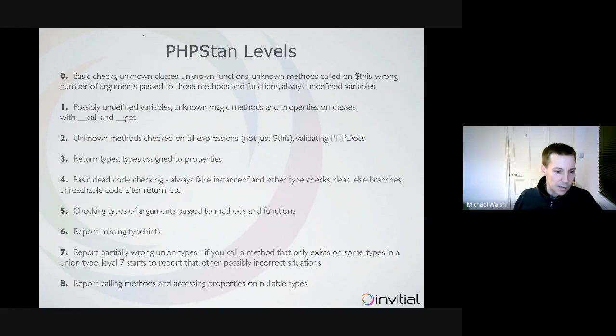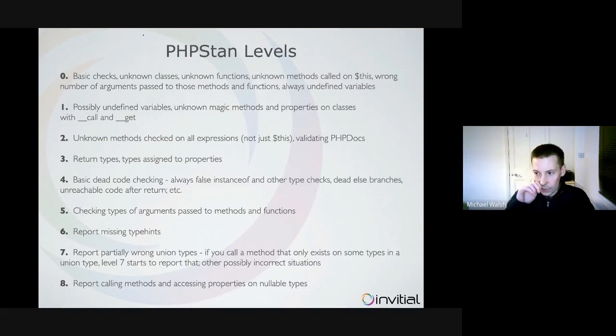In level 6, level 7, report partially wrong union types. And then level 8 is the top level. So, report calling methods on or accessing properties on nullable types.